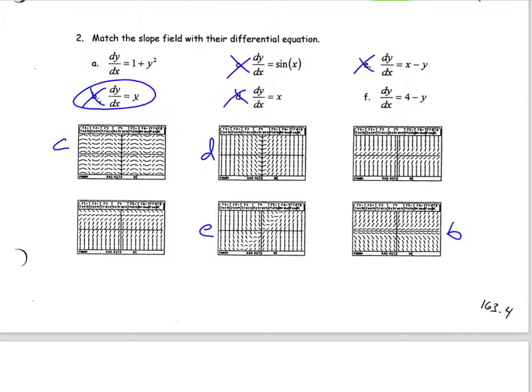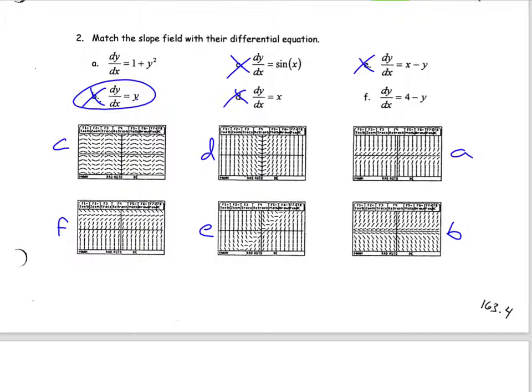Very good. So A, no matter what I plug in for y, will always be positive. That means all my slopes need to be positive. So this one has to be A, and this one has to be F, because F has some negative slopes in it, correct? Now, that's one way to do it.